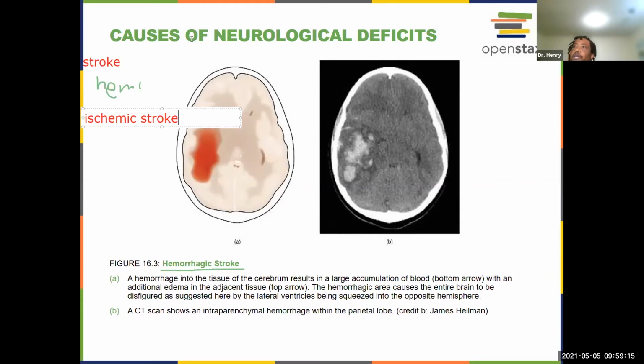So the hemorrhagic stroke, this guy does more damage. This guy does less damage.